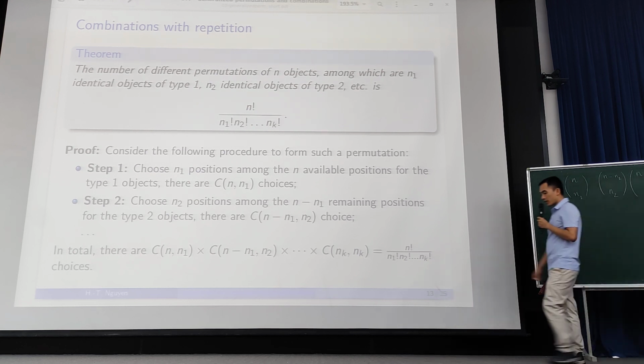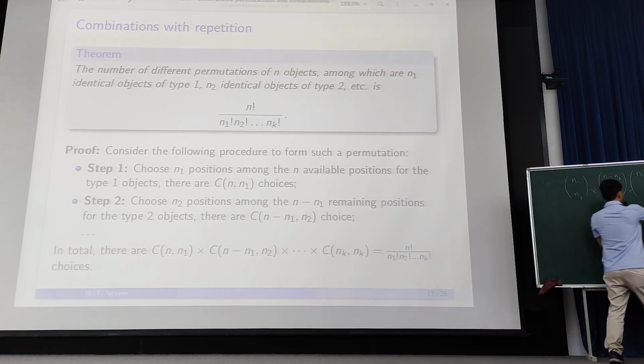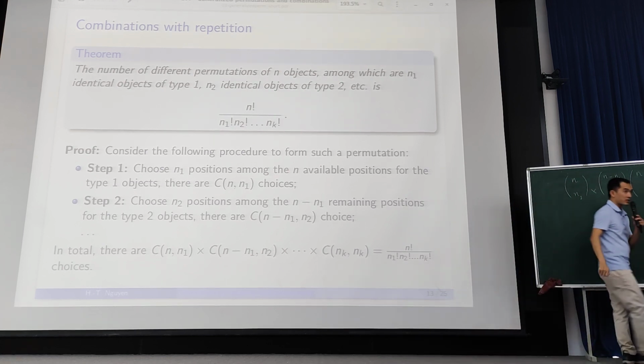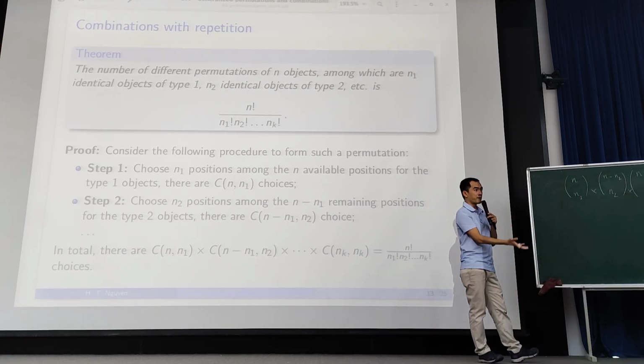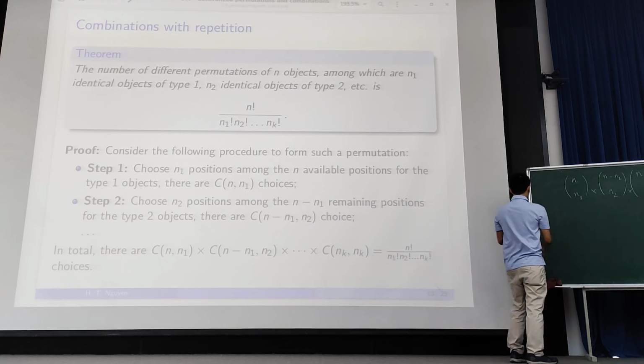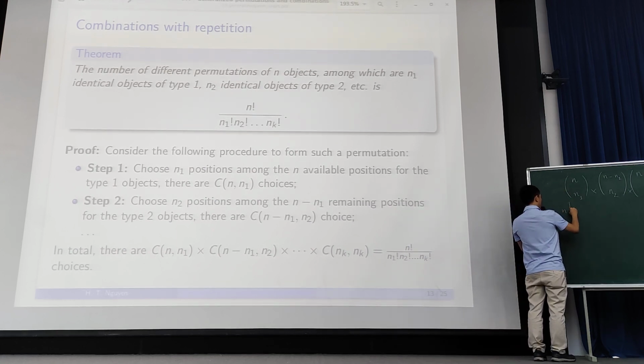Okay? So now you have this formula. It should look like this. But you can develop this formula and simplify in order to get the result. Okay? So you know that here you have n factorial divided by n1 factorial times n minus n1 factorial.